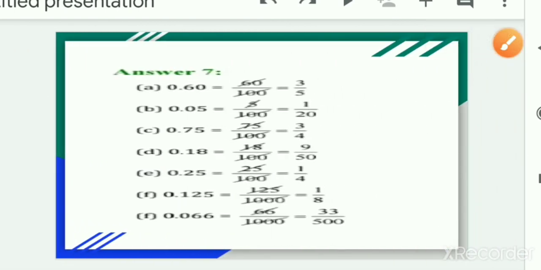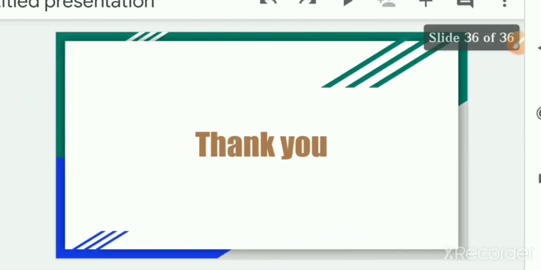I hope it is very easy for you all. Same way you can see here, this is given to you how to reduce them. So I hope everything is clear to you. What we have discussed in today's class, you all have to practice this exercise 8.2 which we have done today.